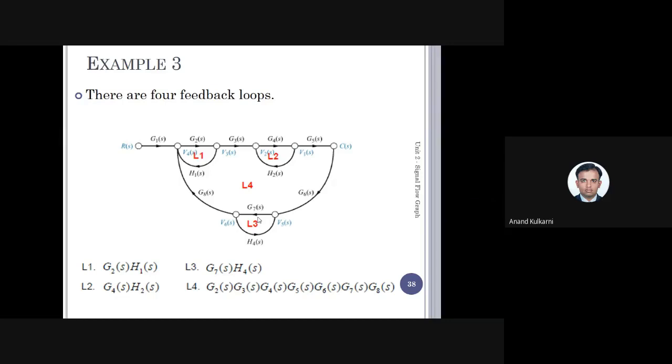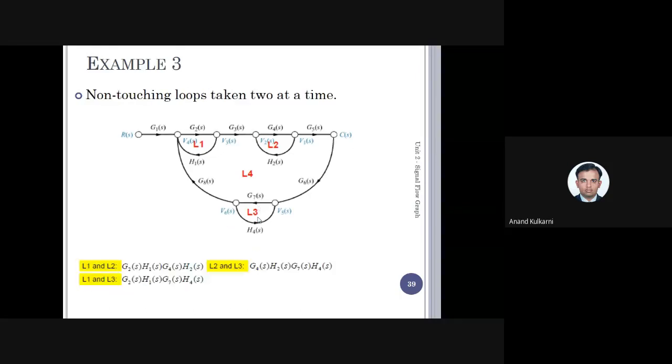Just note down these also: G1H1, G4H2, G7H4, then G2, G3, G4, G5, G6, G7, G8, which is the fourth loop. Then the next part is non-touching loops taken 2 at a time. Which are those? L1, L2 is one option, L1, L3 is another, and L2, L3 is another option.